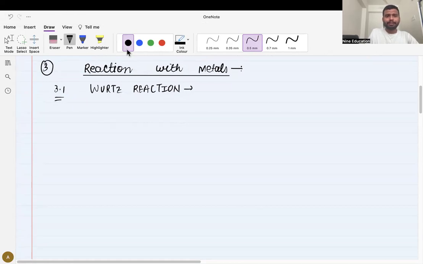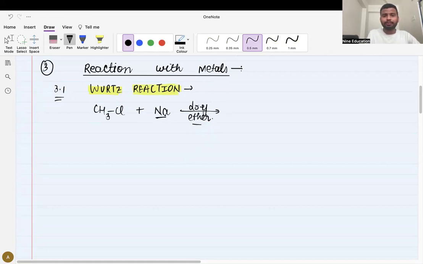अब सभी ने पढ़ा है. So what will happen in Wurtz reaction? Let's say I have CH3Cl, simple alkyl halide, and I put in this reaction sodium in dry ether. Sodium in dry ether, है ना?